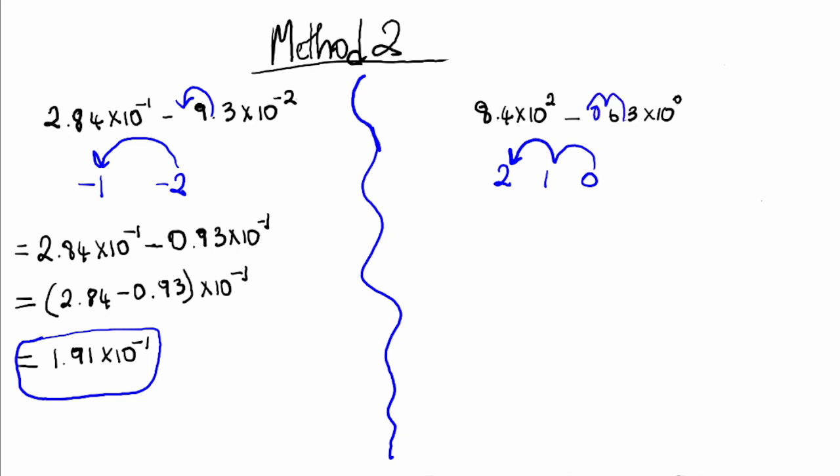And now we have 8.4 times 10 to the second power minus 0.063 times 10 to the second power. Let's subtract.